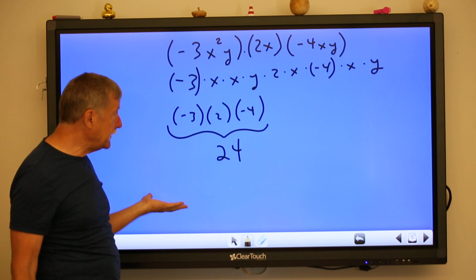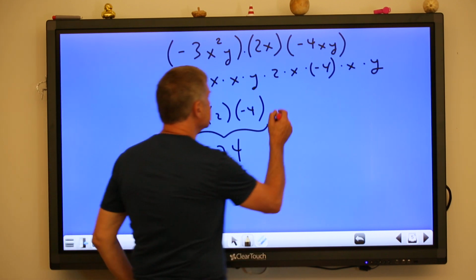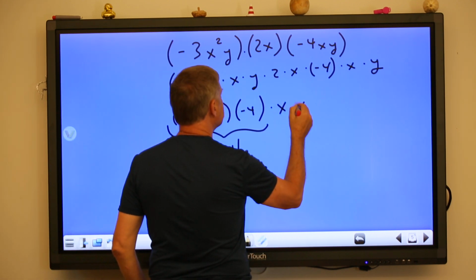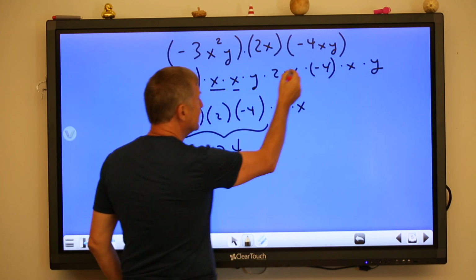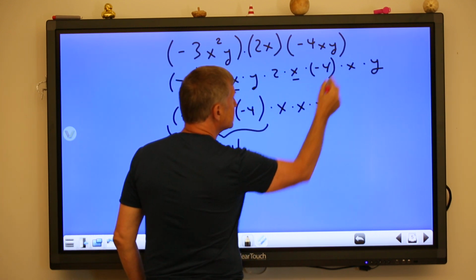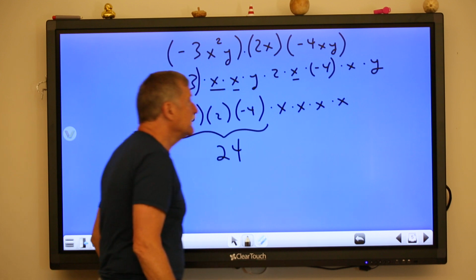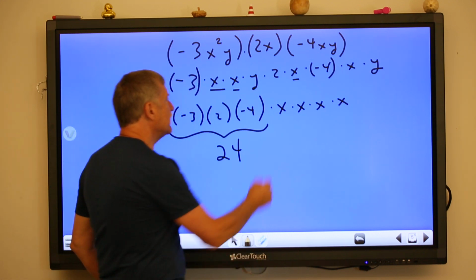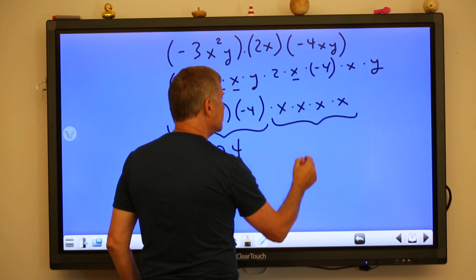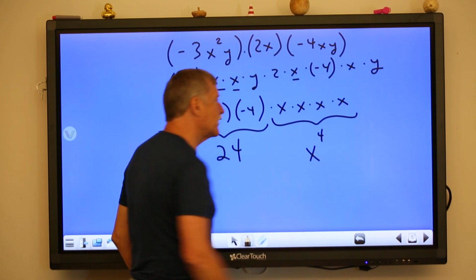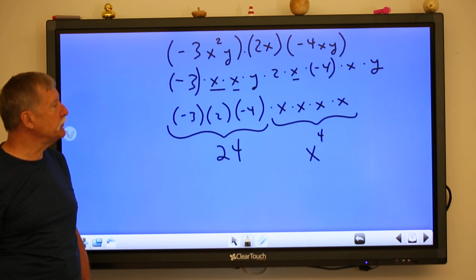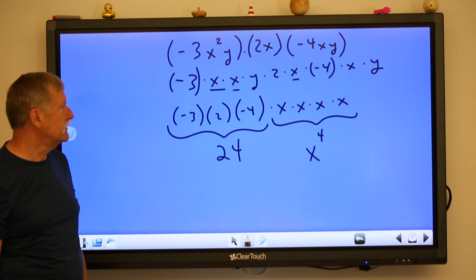All right? Now if I look at the x's, I've got an x times x, that's these two x's. Here's another x, that's this x, and here's another x. And that's all the x's. How many of them are there? There's 4 of them. So that's x to the 4th power. X repeatedly multiplied 4 times. You see that?